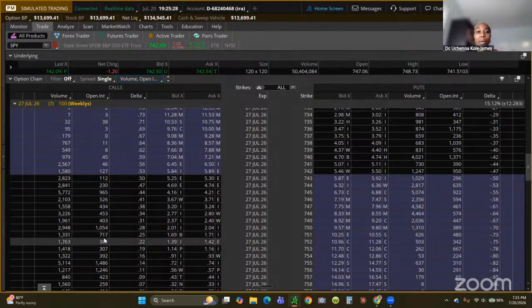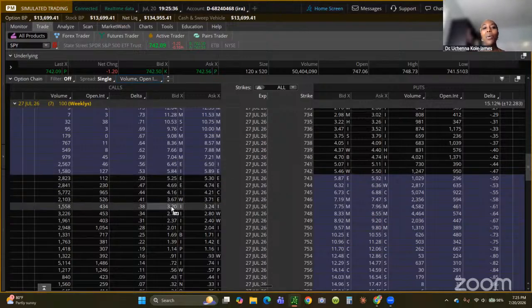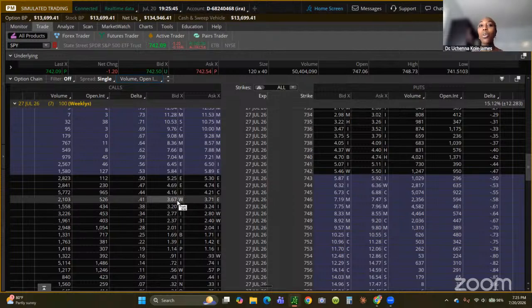That's important to know because if we're a buyer, the only way we can make money on our option is if it's in the money. So to me, it seems like more option contracts are actually being sold on the call side.